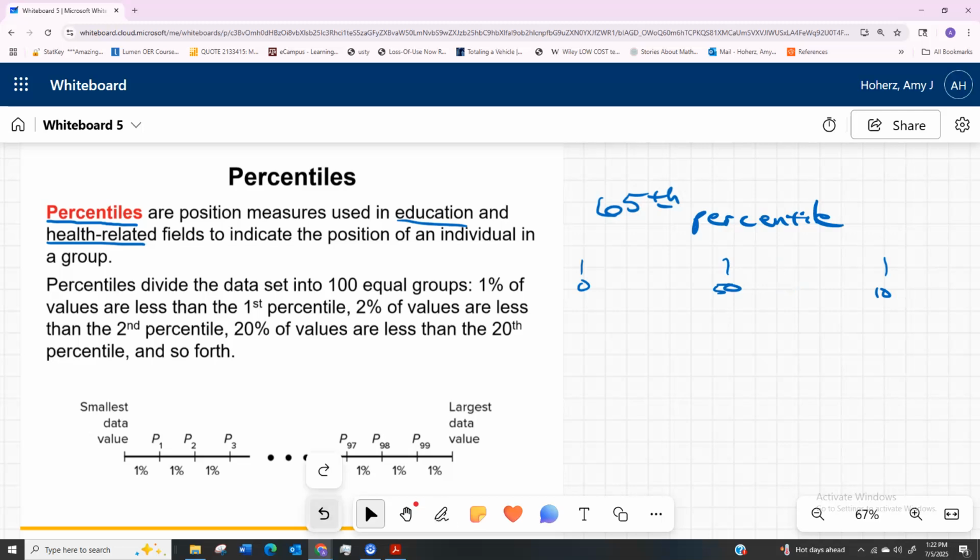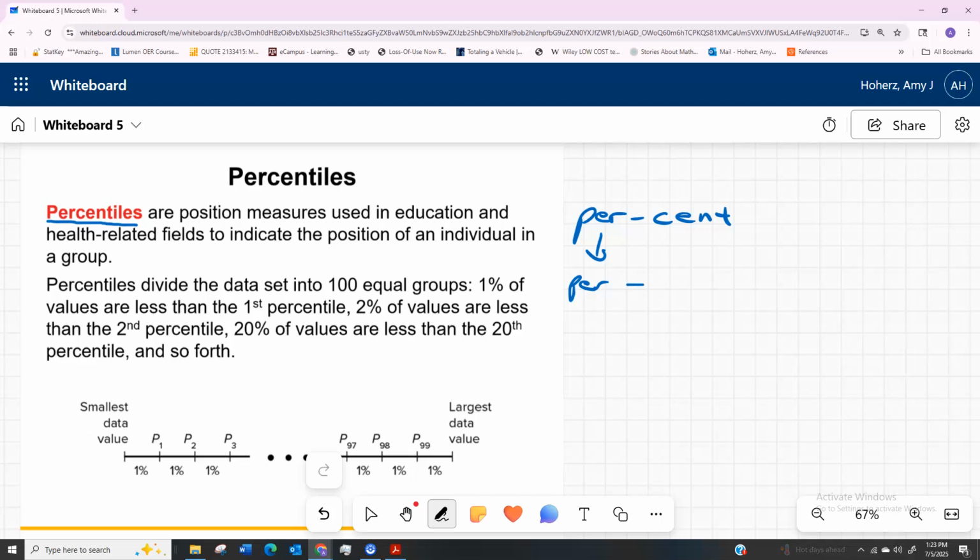And so the reason it's called a percentile is because percent means per 100. Literally means per 100. So a percentile means out of 100, where would you fall?